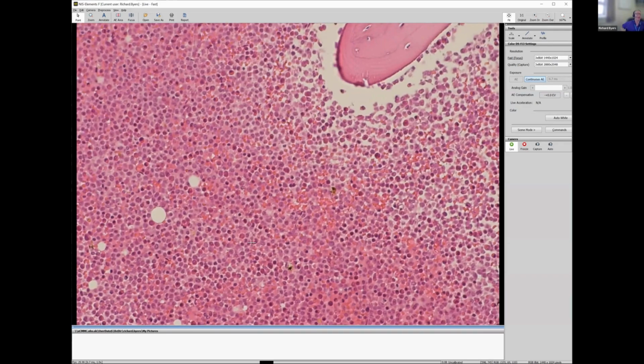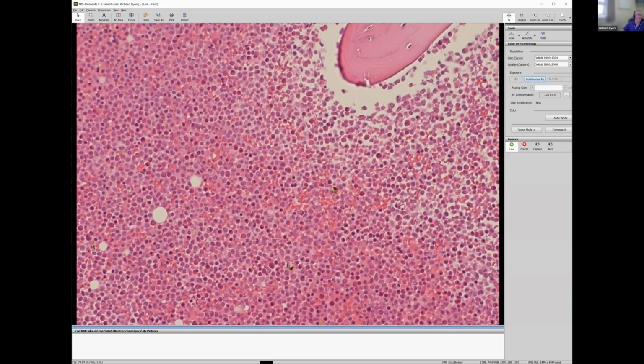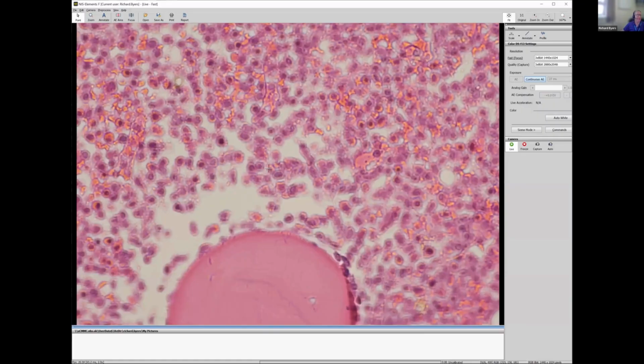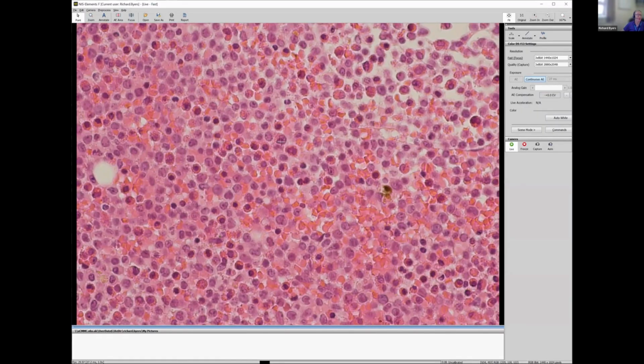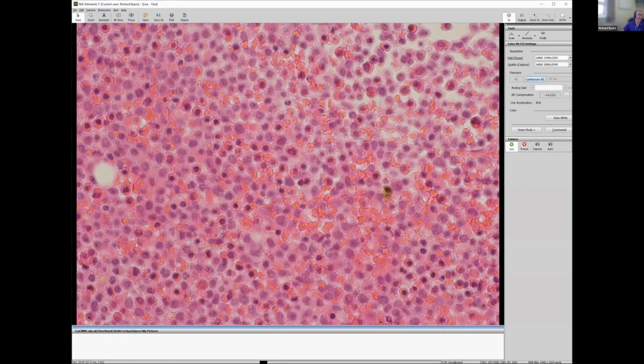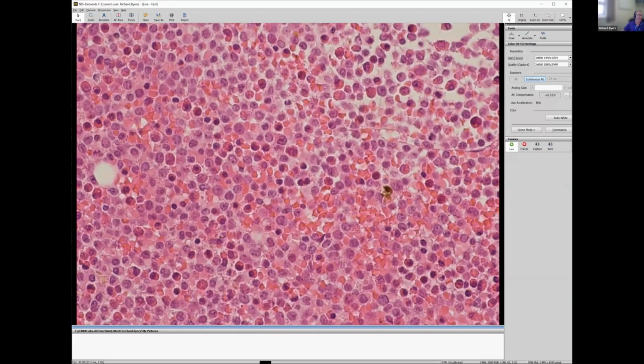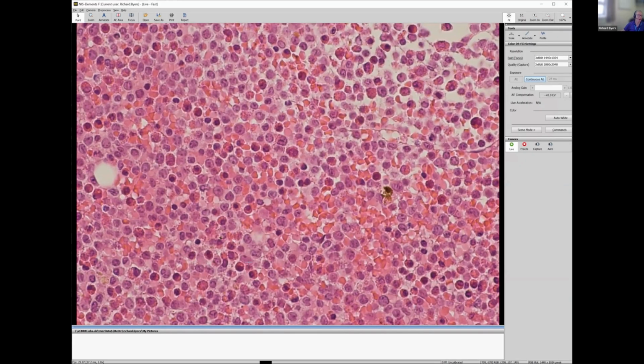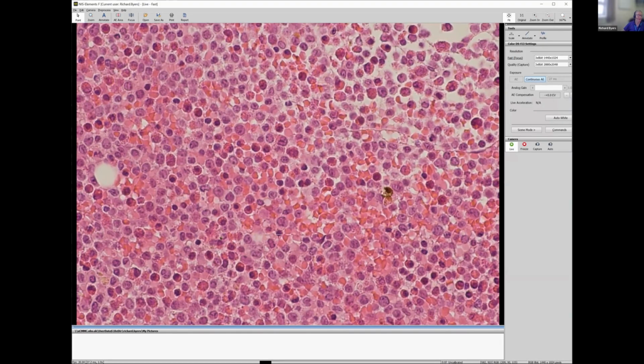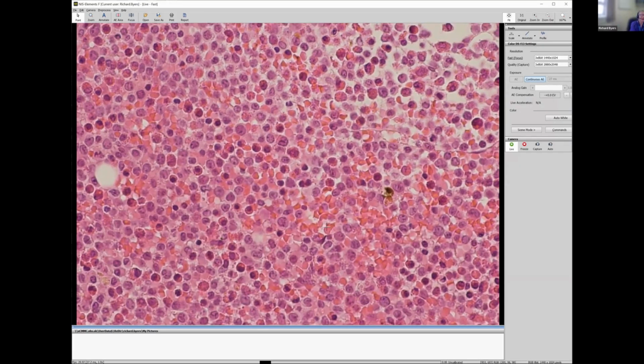All the cells look similar, small to medium, round, blast-like cells. Some of them have slightly grooved nuclei. They've got relatively distinct, though not prominent, nucleoli, and a small amount of eosinophilic cytoplasm. And it's the same all the way through.